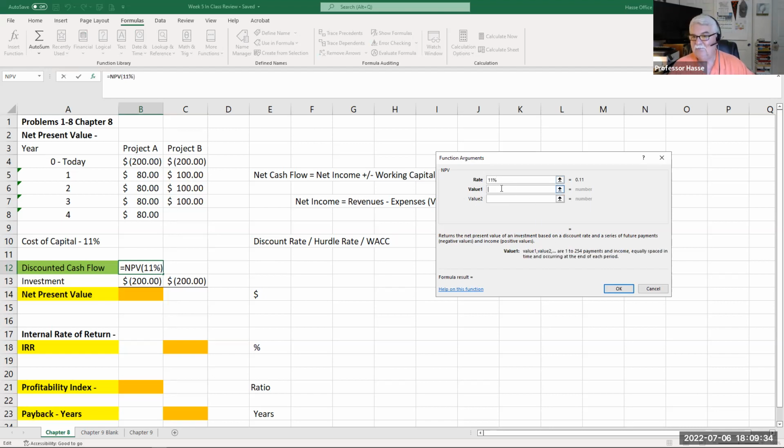What are our cash flow values heading out into the future? Right here. So all I have to do is paint from year 1 through year 4. It's taking those cells, B5 through B8, and including them in this calculation. So what this calculation is doing is taking these $80 for 1, 2, 3, and 4 periods into the future and discounting them back to today at 11%.